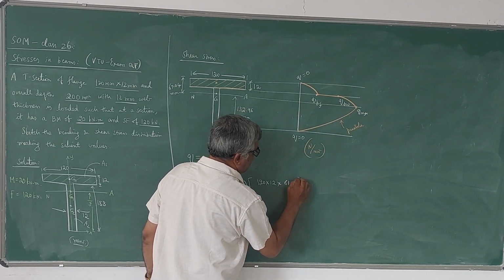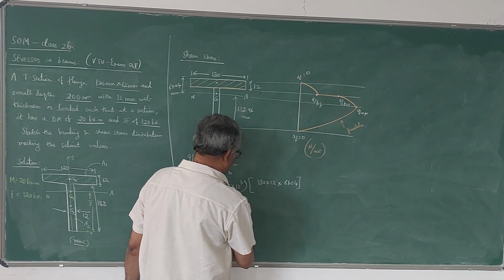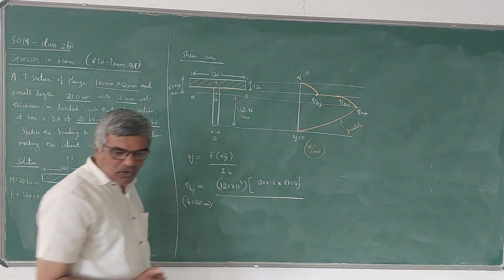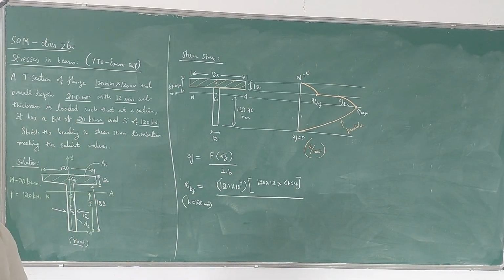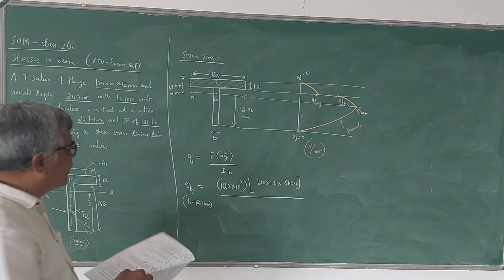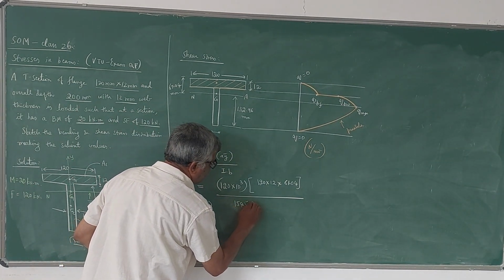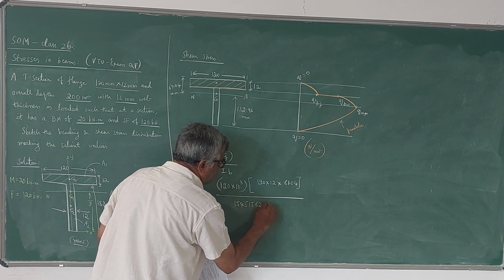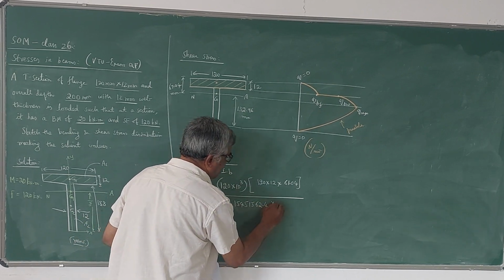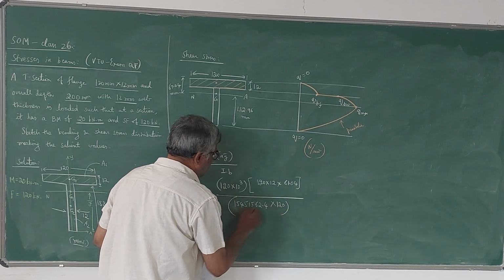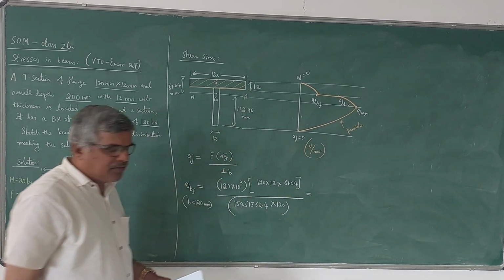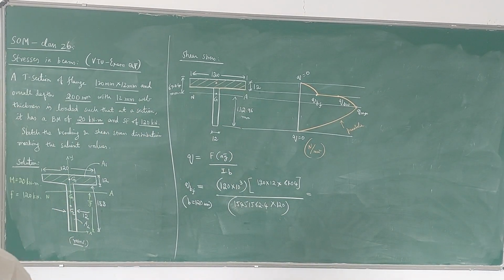So this is AY bar. Be very careful in calculating this. Divided by I value, you know, it is 154,515,62.4, into B is 120. So you have to simplify this. This will give the value of QBF.